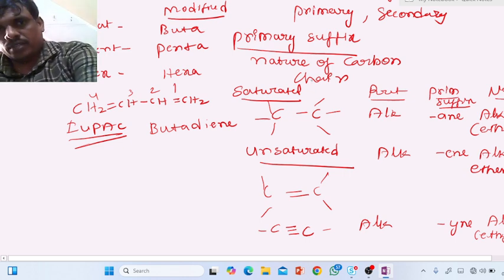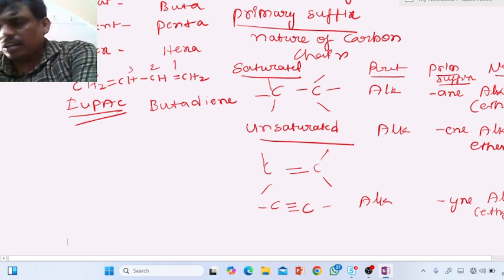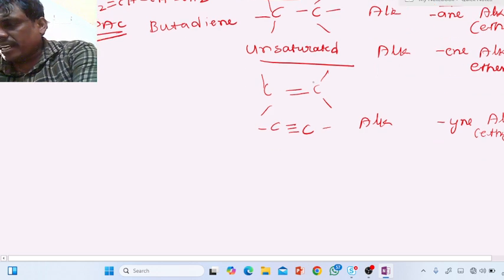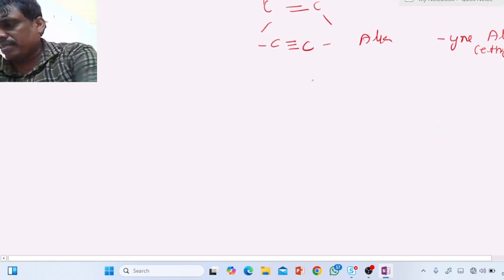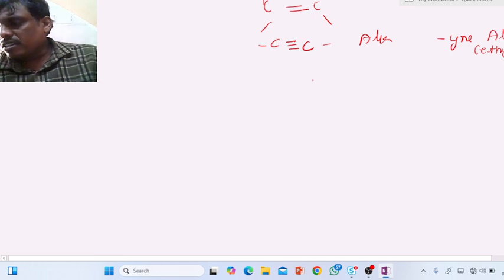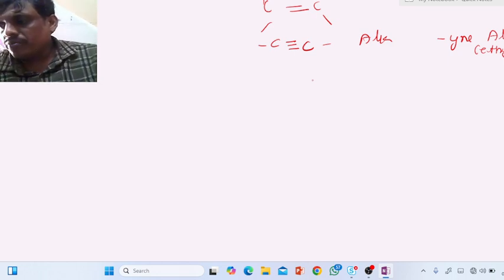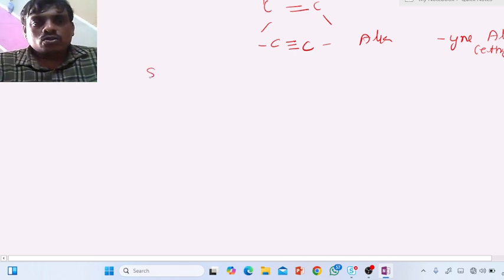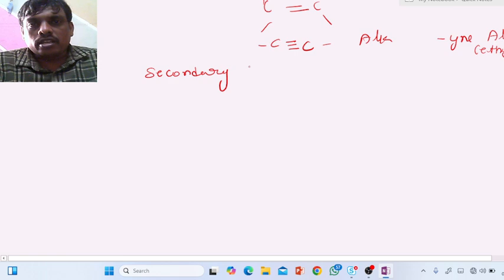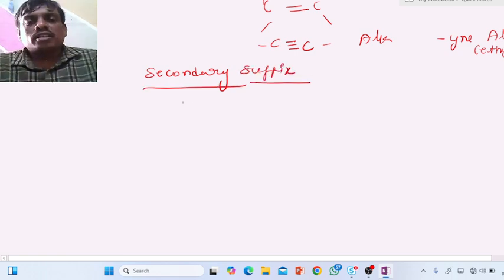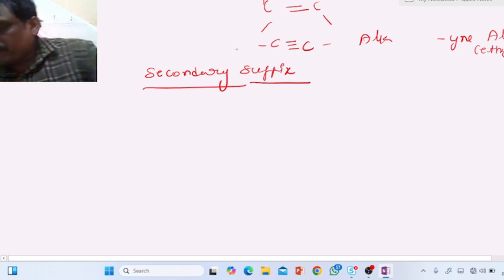Continuing, if you carefully see the next part, secondary suffix, how to represent. Secondary suffix represents the functional group present in the organic molecule. Secondary suffix helps in mentioning the functional group.